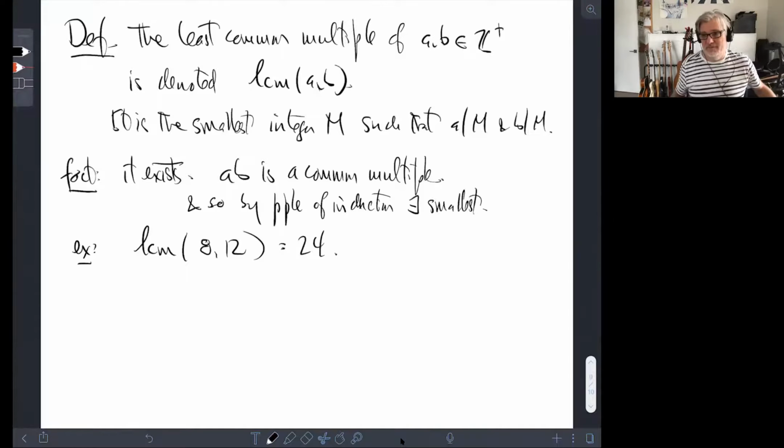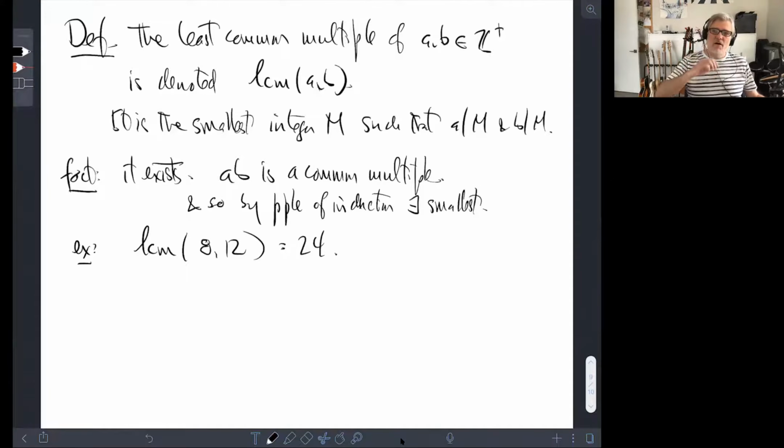The principle of induction is just another way of saying that every non-empty subset of the natural numbers has a smallest element, which, because we've been raised with the natural numbers, seems like a totally obvious observation, which in a sense it is, but it's still an axiom. But anyway, there is a smallest common multiple of any two positive integers, okay?